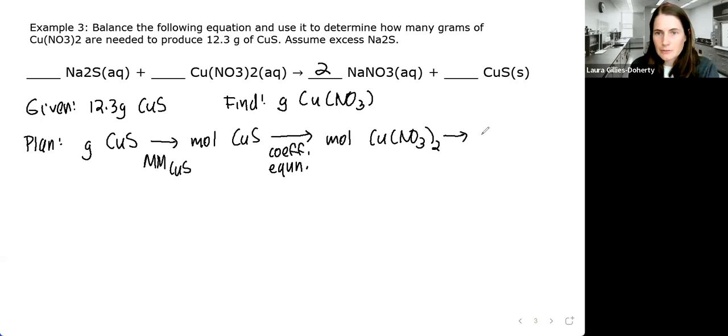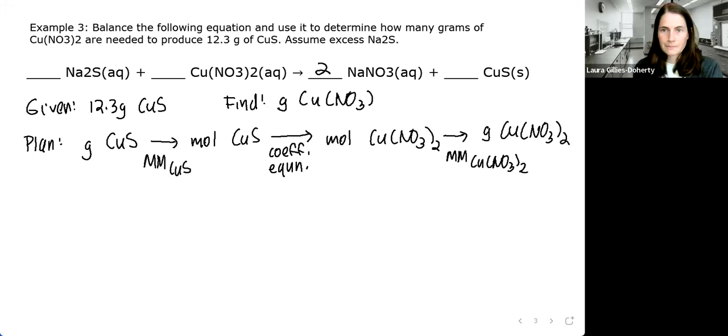And then once we have moles of copper 2 nitrate, we can use the molar mass to calculate grams of copper 2 nitrate. And that's what we want to find. So let's solve this out.